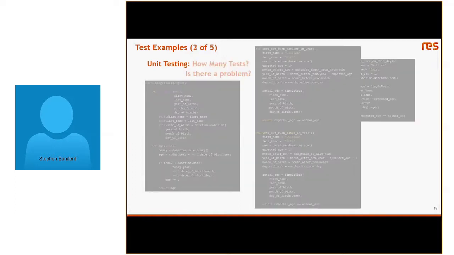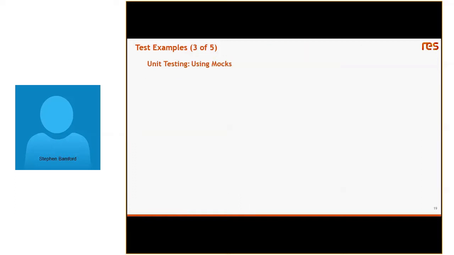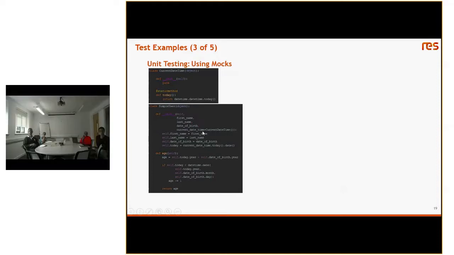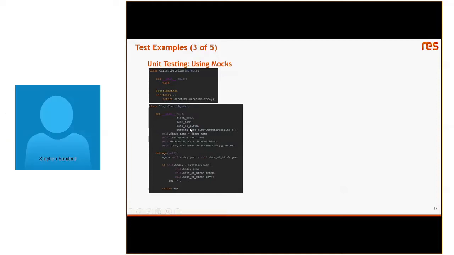So the solution that I would use is to use mocks. We do some refactoring of the simple user. So we have a separate class, current date time, and all that does is just return today's date. And we pass that in to the simple user as this current date time. Again, probably not the best named. I would probably call that current date time factory.